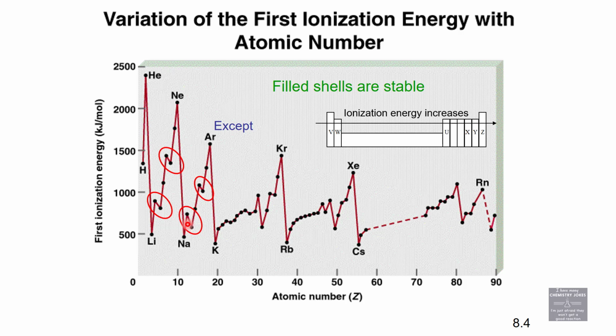There's a little hill and then you dip back down. Why? This little hill belongs to nitrogen. That little valley belongs to oxygen. This little hill belongs to beryllium. That little valley belongs to boron. Let's talk about beryllium and boron and nitrogen and oxygen and why they have this odd trend instead of just a forever increasing kind of thing.